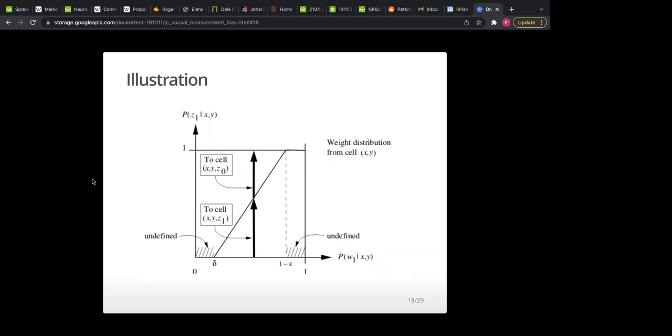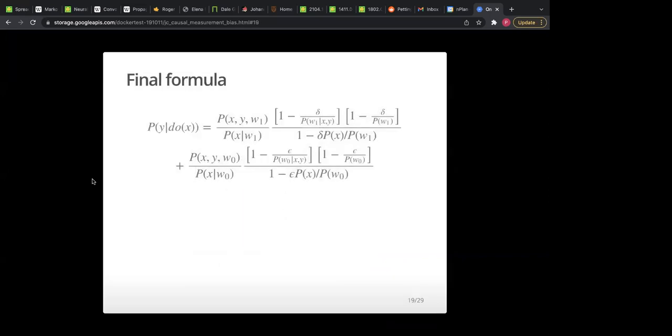So that is another way of showing that the less noise, the better, which is probably obvious. If you go to the next slide, this is the final formula he came up with, and of course, if you put epsilon and delta, which are your noise parameters, to 0, you recover your original formula, where W and Z are the same. That is good. This shows that it is probably not too wrong.